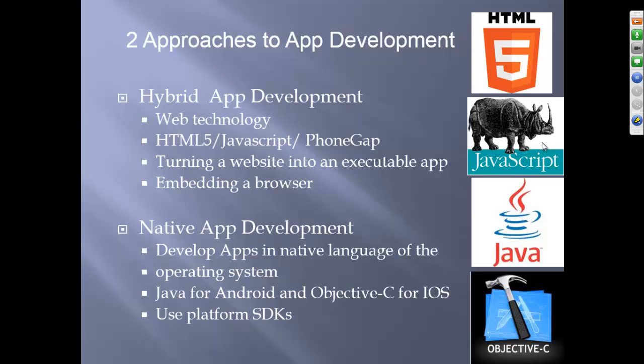The other approach is to build a native app. As the name suggests, that's an app that specifically is built for the operating system of a particular device, right? So if it's an Android device, it's an app built using Android SDK, built in Java, which is the native language for programming Android operating system.